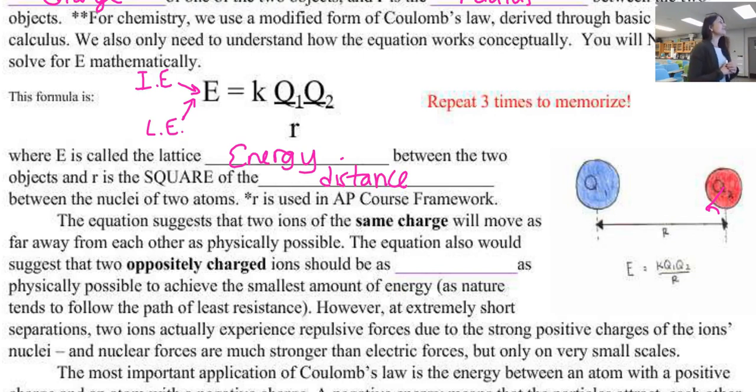The equation suggests that two ions of the same charge will move as far away from each other as physically possible. Why? Because we know that, yes, opposites attract, but like charges should be repelling each other. So we're going to try to be as far apart from each other as possible, to achieve the smallest amount of energy, as nature tends to follow the path of least resistance.